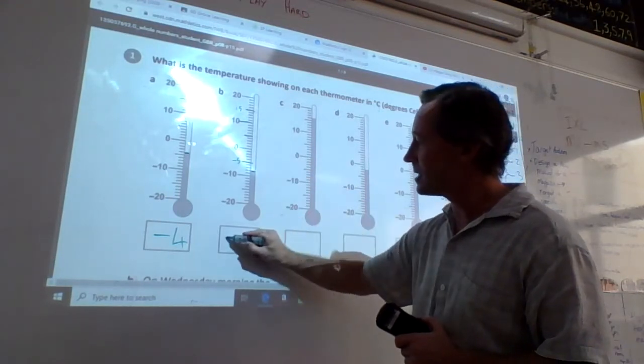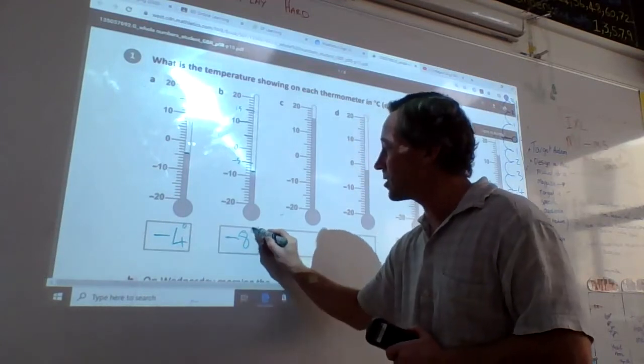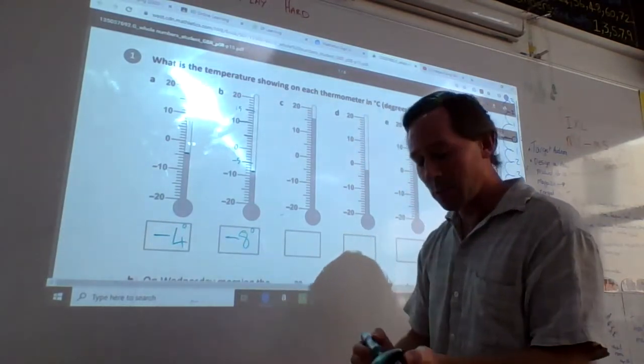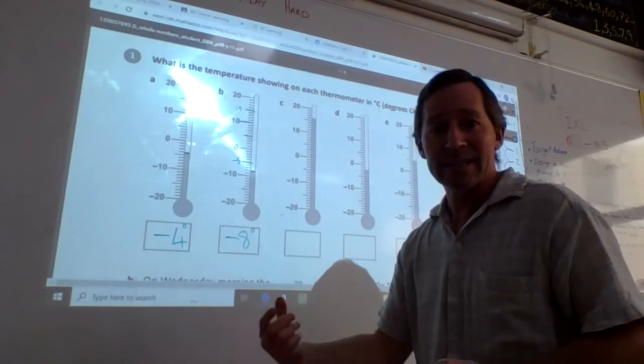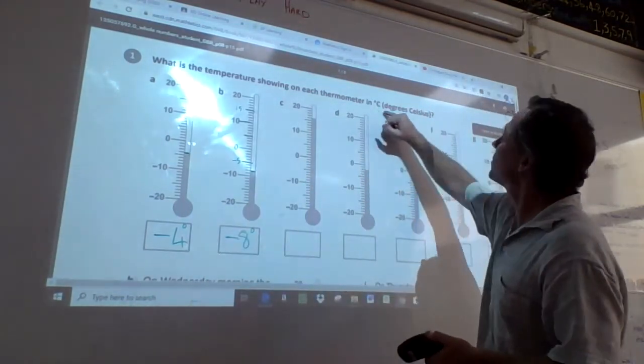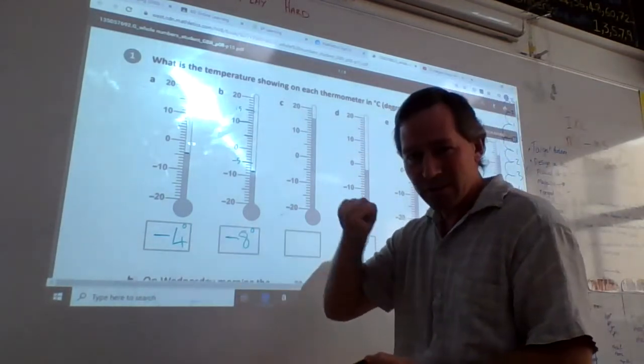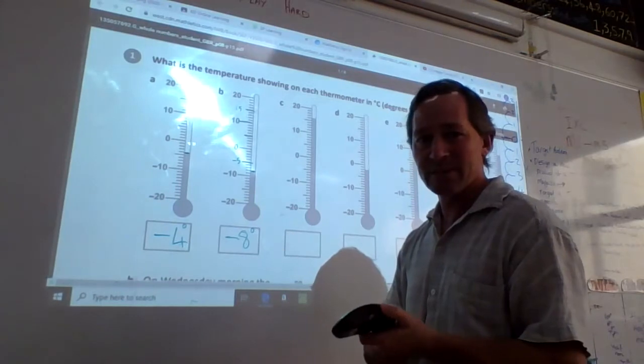So this one is -8. And what I probably should have is the degrees sign. Sometimes when we measure things, we use millimeters, centimeters. In this particular case, we're measuring in degrees. So the symbol, that little 0, is like a degrees symbol, Celsius.